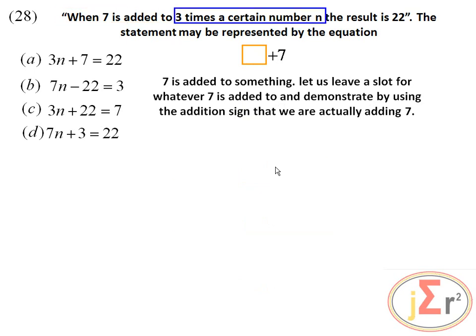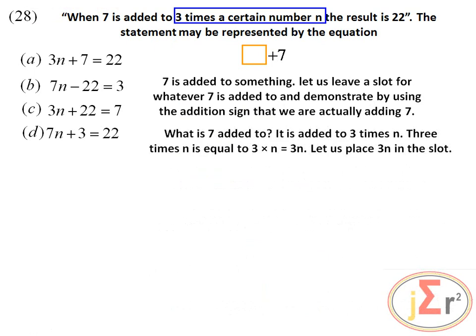3 times a certain number n, that is what 7 is added to. What is 7 added to? It is added to 3 times n. 3 times n is equal to 3 multiplied by n, which is equal to 3n. Let us place 3n in the slot.